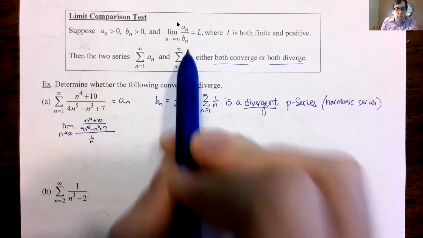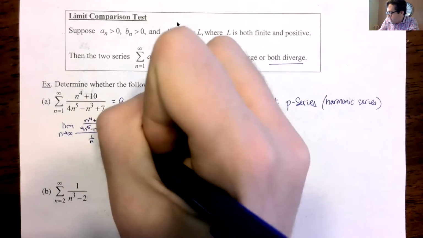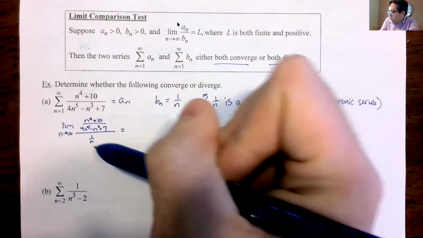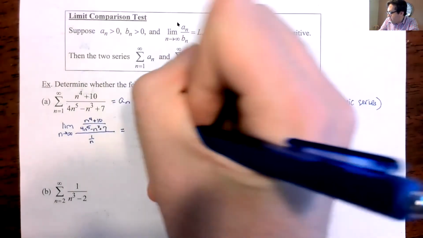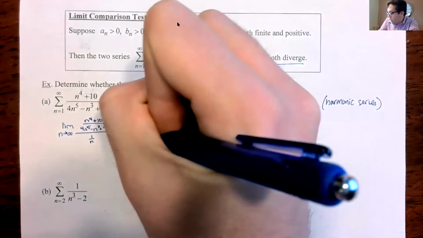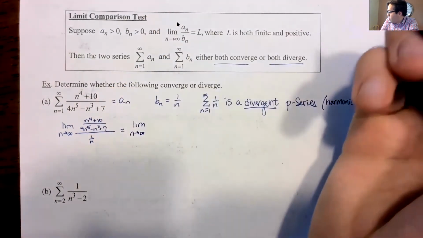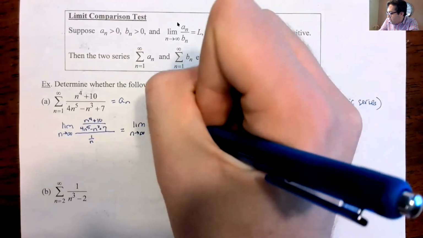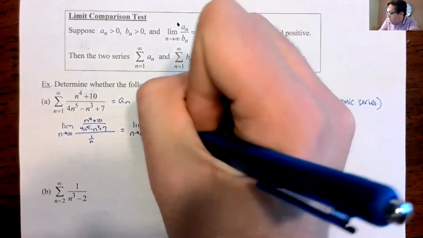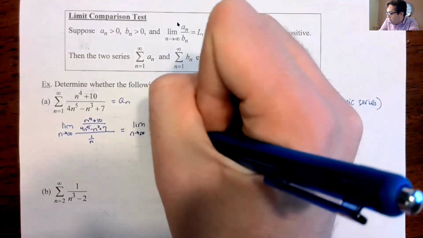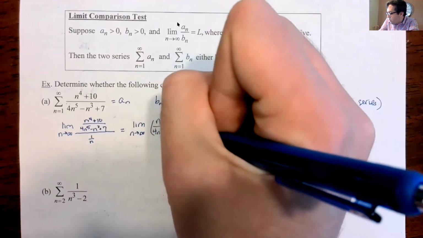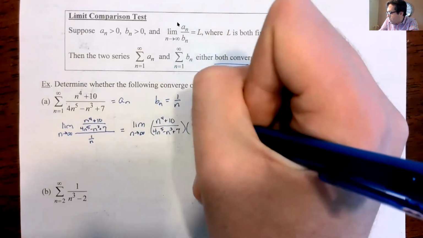So that's a sub n over b sub n. I'm going to rewrite this so I can multiply by the reciprocal of the denominator. So it's going to become, again, I have to write limit every time, the limit as n approaches infinity of n to the fourth plus 10 over 4n to the fifth minus n cubed plus 7 times n over 1.